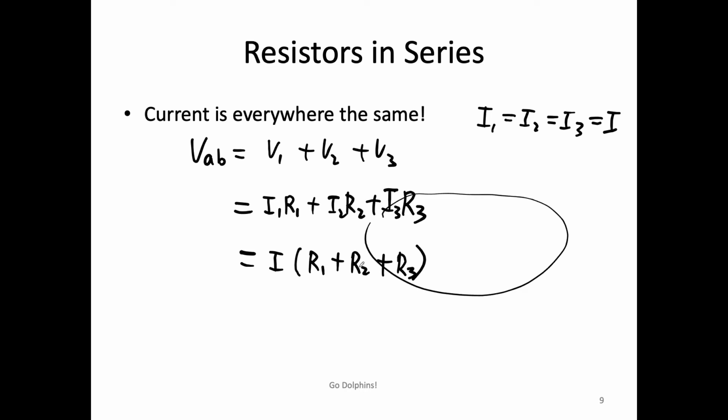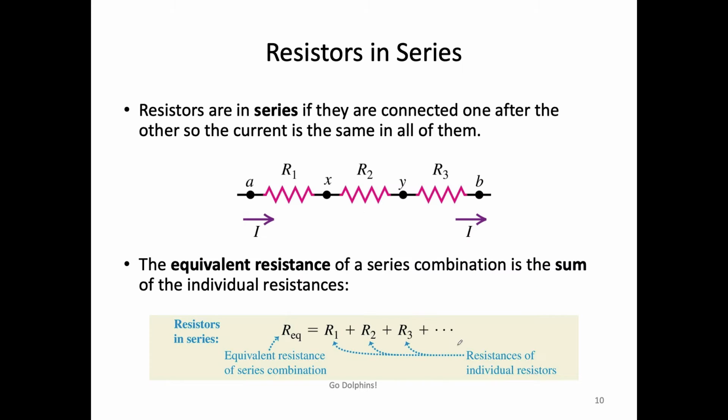Now I do know R equivalent was defined as VAB over I, and now I can solve it. I find it is R1 plus R2 plus R3. So the equivalent resistance of three resistors connected in series is you just add up the resistances together. This is a more general equation even if you have more resistors. If you put resistors in series, the equivalent resistance is just the sum of them.